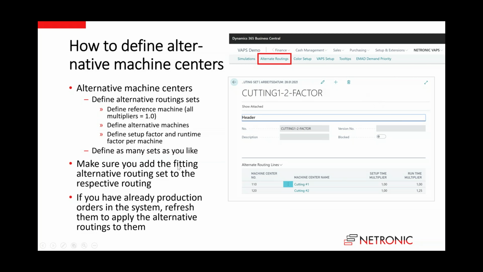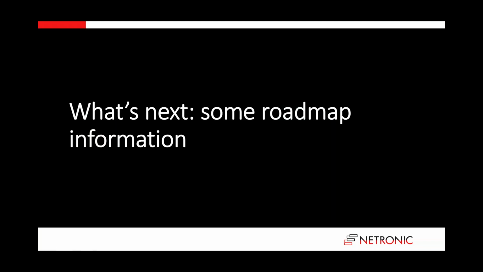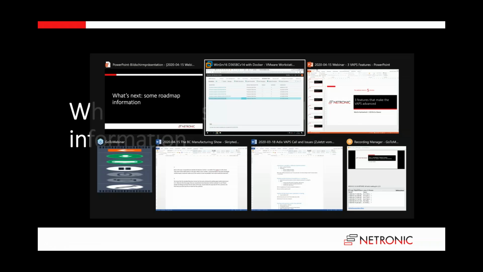Then you need to add these sets to the respective routing. And if you create a new production order, then these alternative sets automatically get applied. But if you already have production orders in the system, you need to refresh them to apply the alternative routings to them. And again, I forgot the demo slide, but we can nevertheless have a demo.